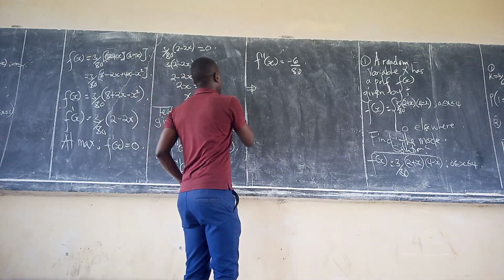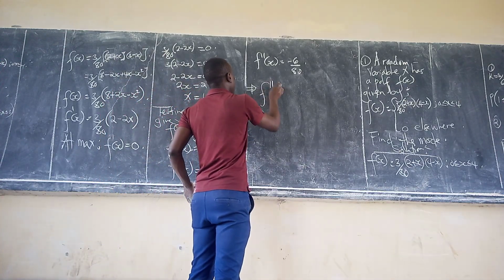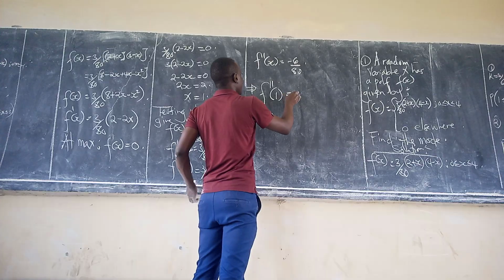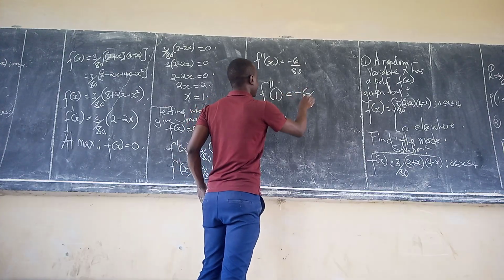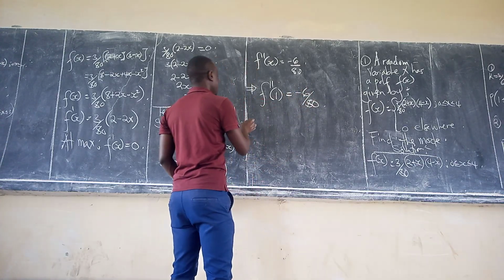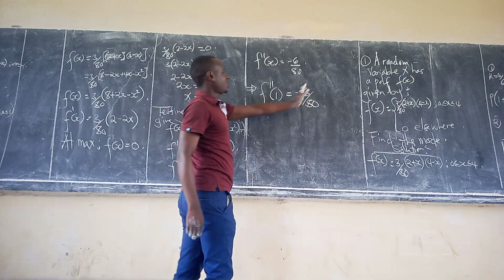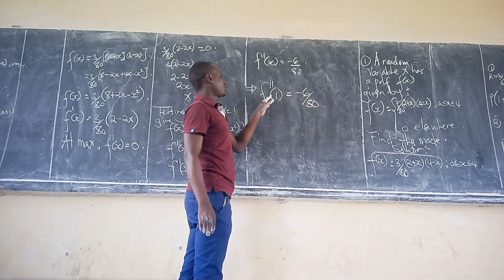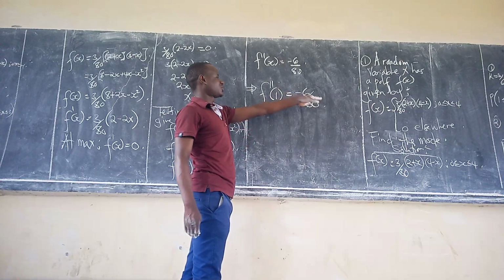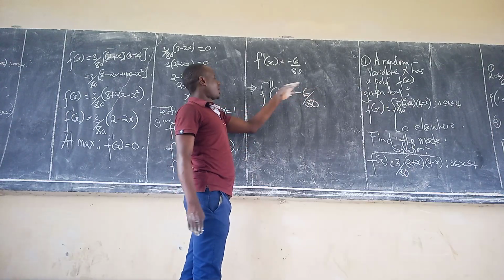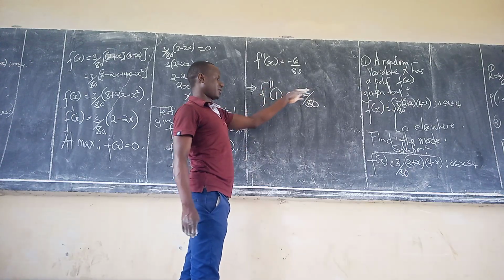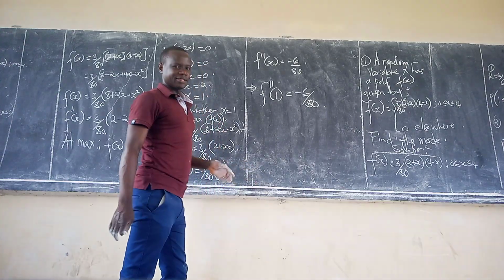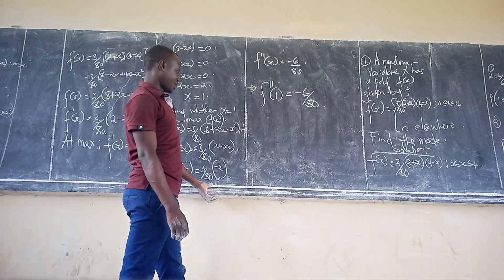So when x is 1, my f double prime of 1 is going to be negative 6 over 80, and because we do not have x on this side, it's a constant function, so whatever x value you put in, it does not change, and therefore f double prime of 1 is negative 6 over 80.